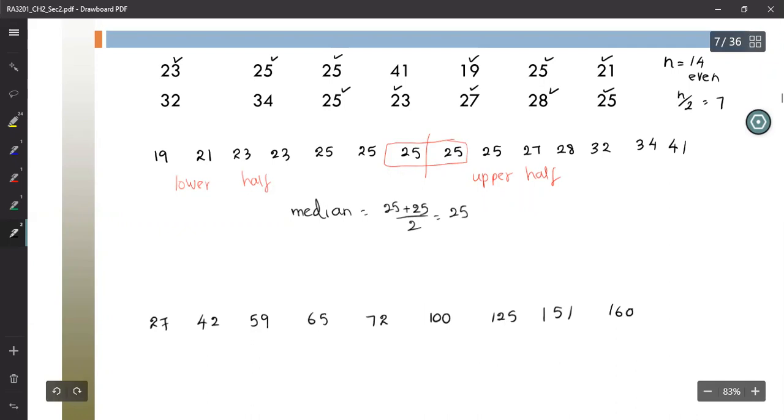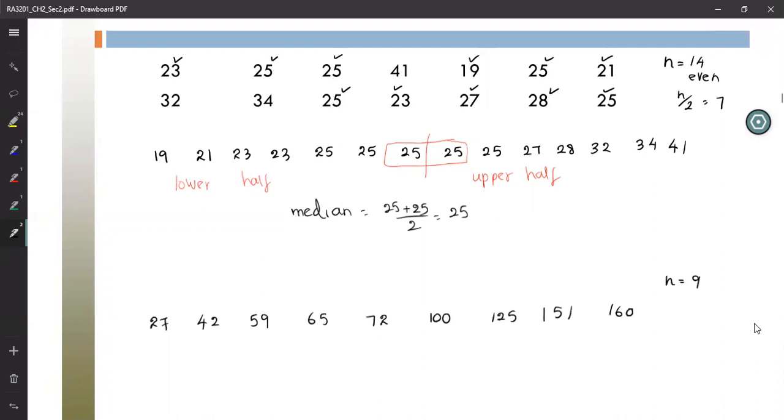Okay. So how many observations are there? You can see there are 9 observations, right? There are 9 observations, which is odd.